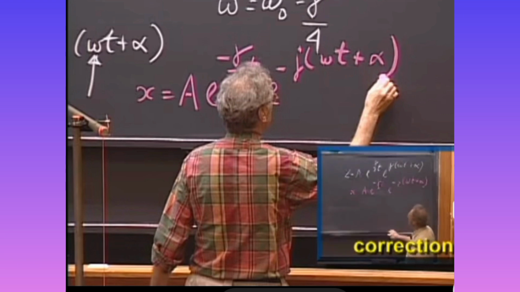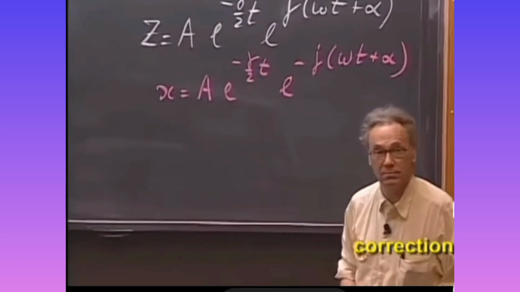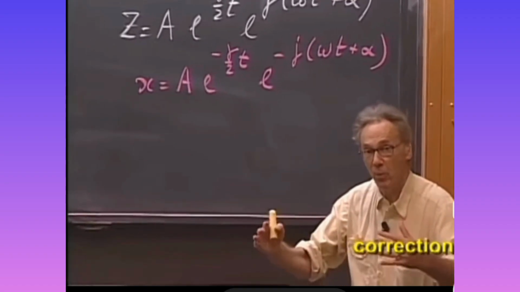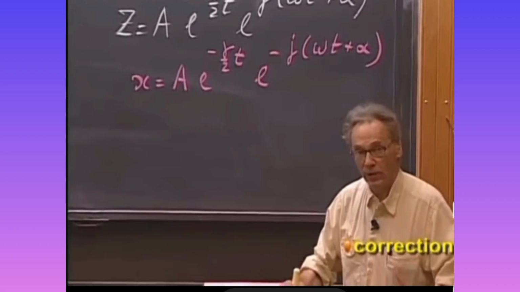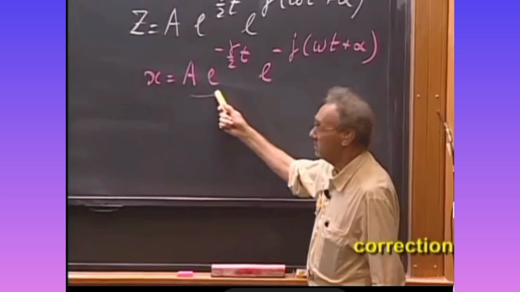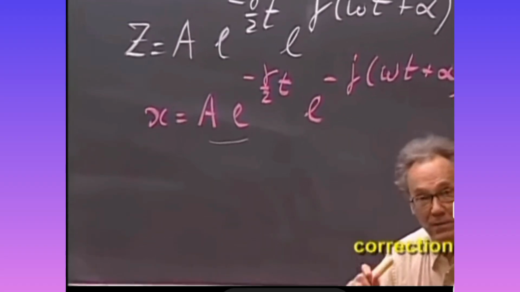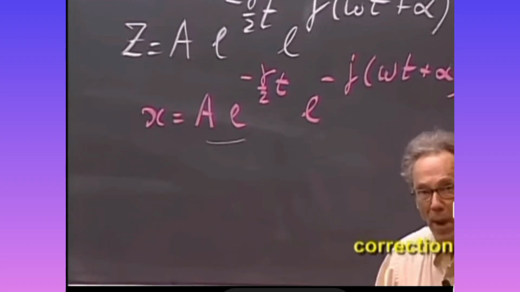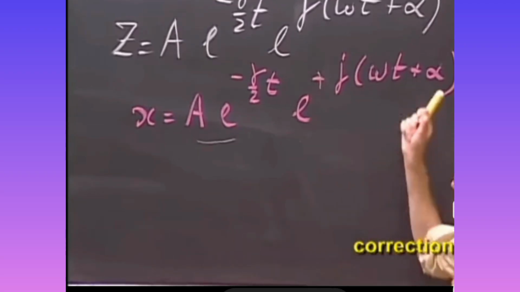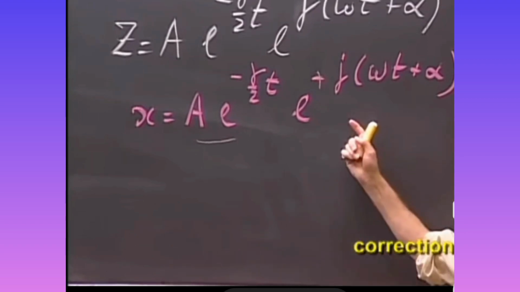I have an equation in the complex plane. That's perfectly okay. And then I went back to the real world, going from z, the complex plane, to the real part of z. And what did I write down? This is fine. But then I wrote down e to the power minus j omega t plus alpha. Now, first of all, there should not be a minus sign in front of the j. That's not a major problem. But I do not take it out of the complex plane. I leave it in the complex plane.